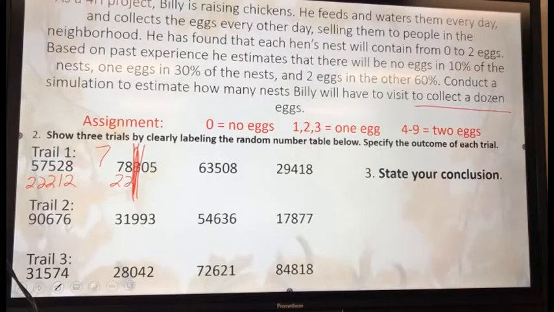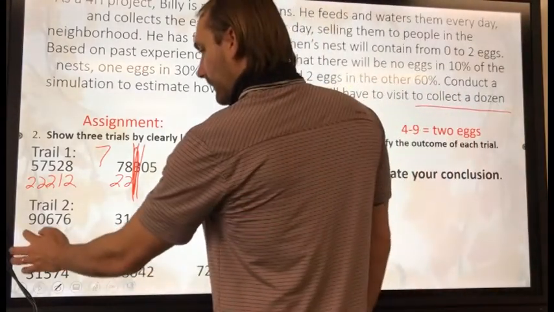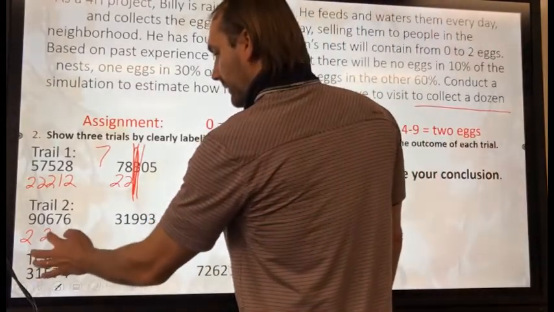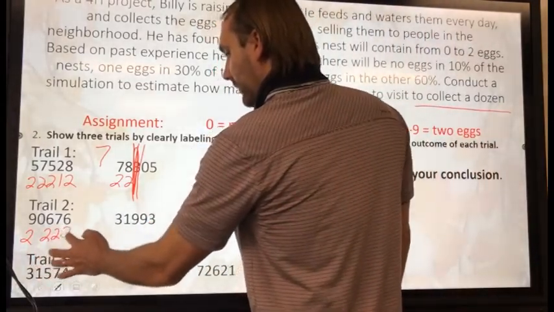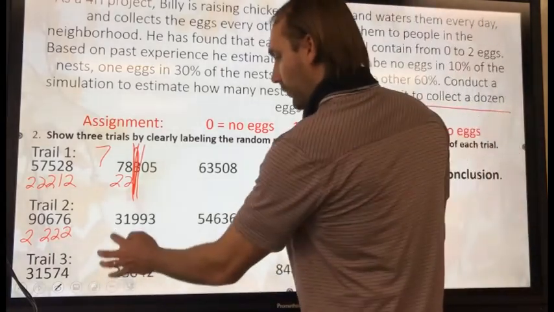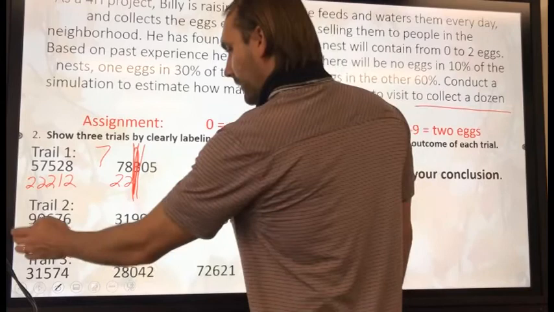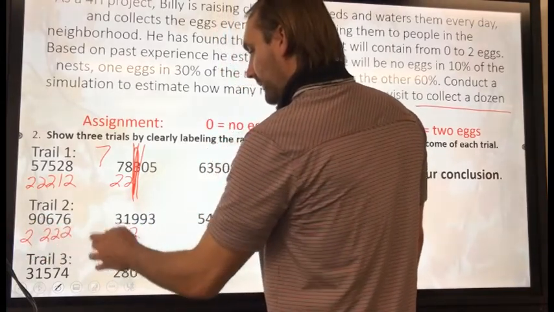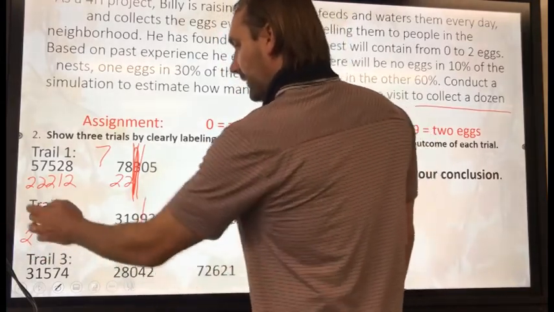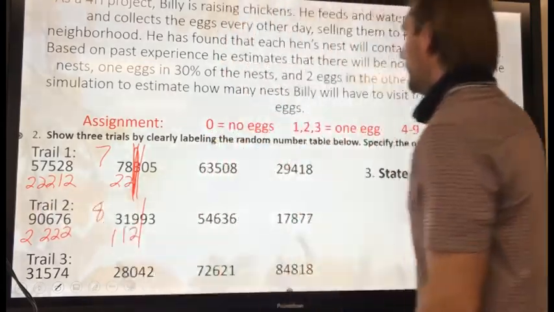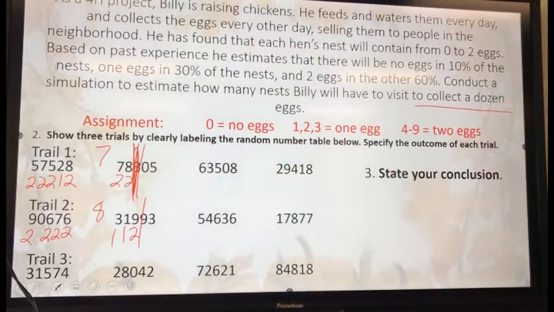Trial 2. 9 represents how many eggs? 0, 0, 6, 7, 6, 3, 1, 9. How many do we have so far? 1, 2, 3, 4, 5, 6, 7, 8, 9, 10, 11, 12. So this one took 8 visits.